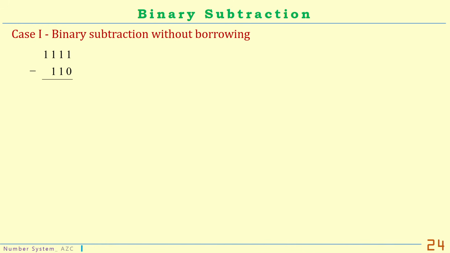Start subtraction from the most right side digits. 1 minus 0 is 1. 1 minus 1 is 0. 1 minus 1 is 0. And 1 minus 0 is 1. So, answer is 1001.